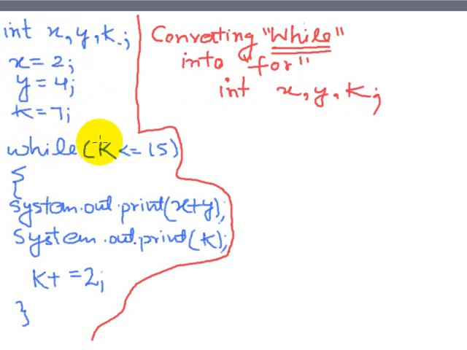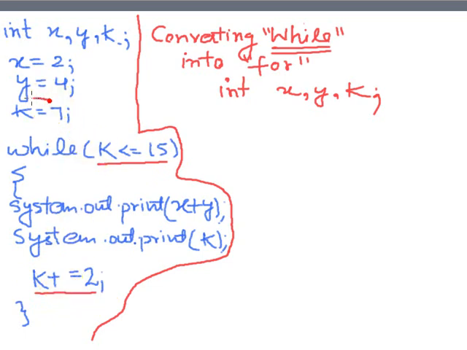Okay, and after initializing these variables to the given values, we have while k is less than or equal to 15. Means k variable is being used as a counter. This is being used for the counting purpose, and this is the testing expression here, and this k plus equal to 2 is the updation part.